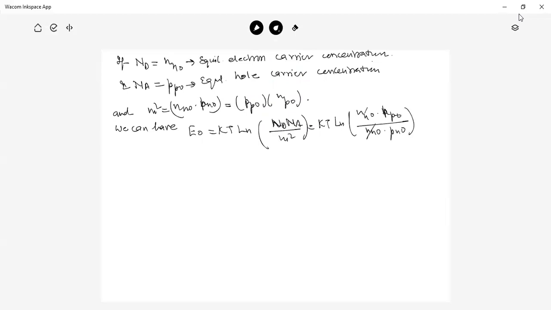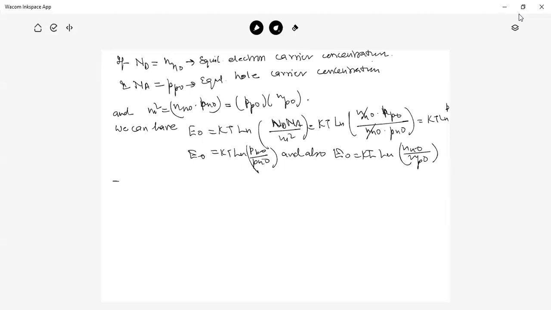So this is cancelled and here it is KT ln PP0 upon PN0. And also E0 is equal to KT ln NN0 upon NP0. So one is majority upon minority.